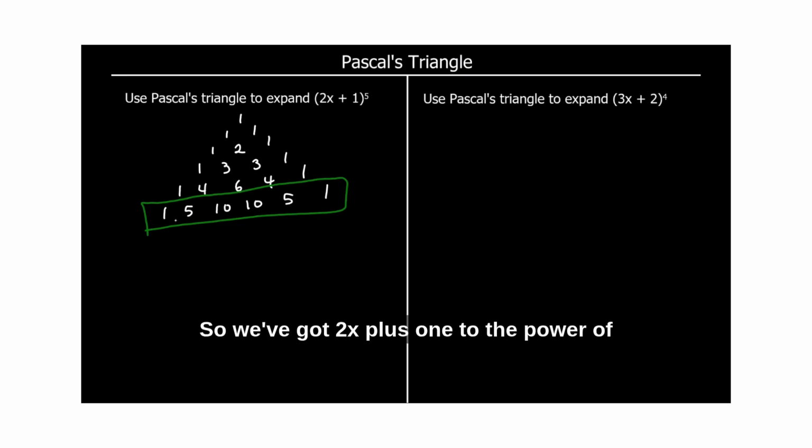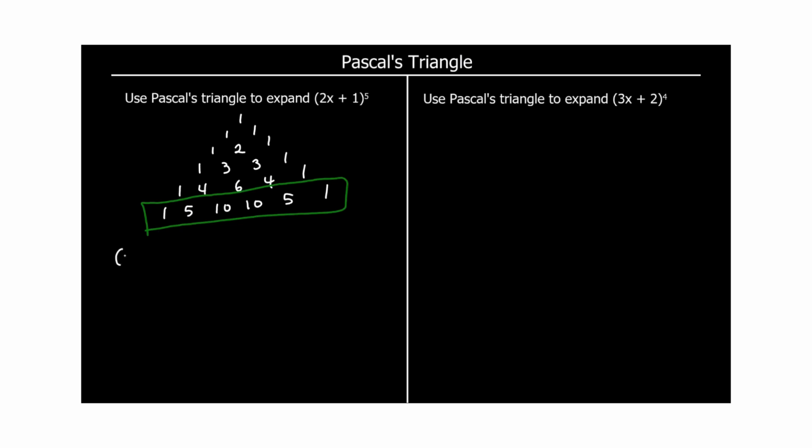So we've got (2x + 1) to the power of 5. Our first one is 1, and then it's just (2x) to the power of 5, no 1s. Then we've got 5, (2x) to the power of 4, and then times 1 to the power of 1.